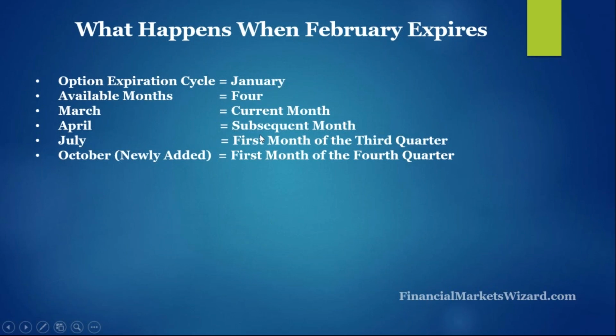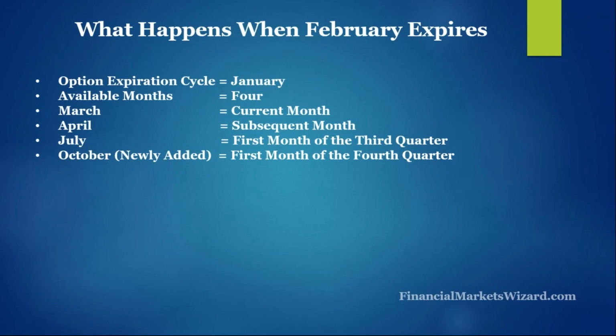Before, April was part of the cycle, but because we need a subsequent month, April will become the subsequent month. And July was there before, first month of the third quarter. But now we need 2 months from the cycle, so October will be added. So when February expires, you will see October as a newly added month if the stock is in the January cycle.